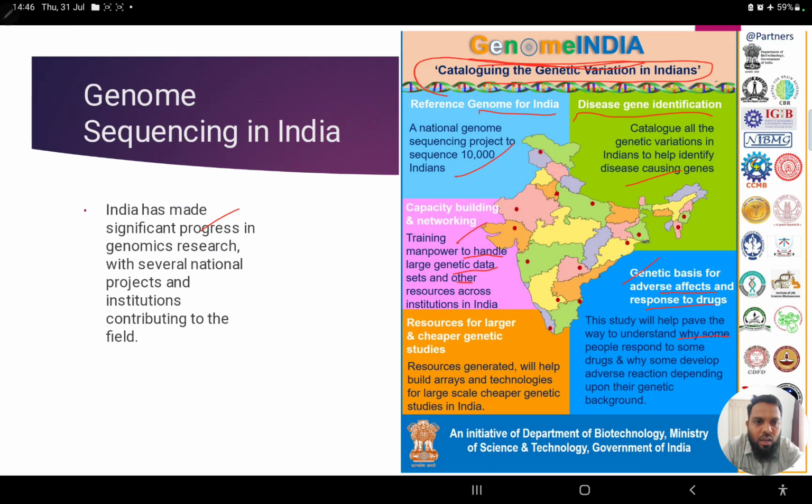This can help in understanding why some people respond to some drugs, but some people develop some sort of reaction. Resources for larger and cheaper genetic studies, because a lot of manpower is required, it has to be made cheaper. So the government is trying to do a lot in this particular scenario.